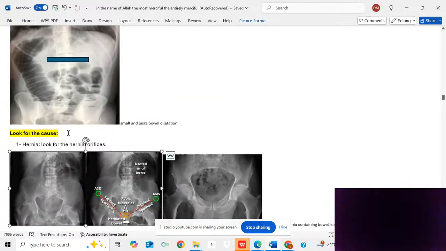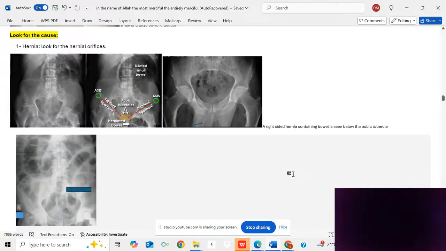So after spotting that there is a small or large bowel dilatation, you need to look for the cause on the abdominal x-ray. Okay, so you need first to look for the hernial orifices. If you draw a line starting from the anterior superior iliac spine down to the pubic tubercles, okay, so this is the inguinal ligament.